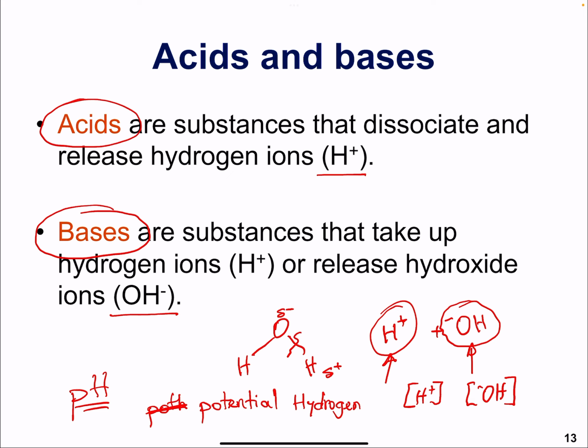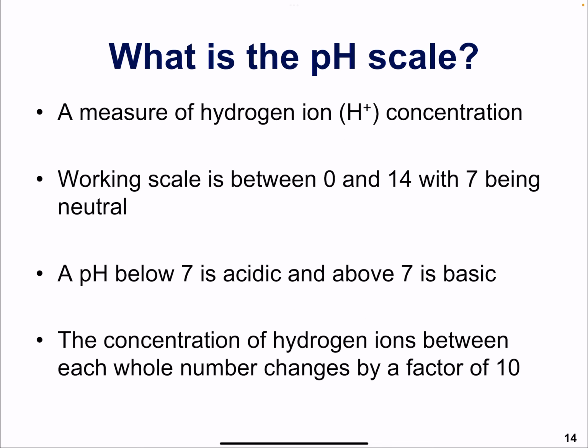Now, with that said, please always keep in mind the potential concentration of hydrogen in a solution. With that said, now, we came with using some math, a way to determine the concentration of hydrogen in a given solution, right?